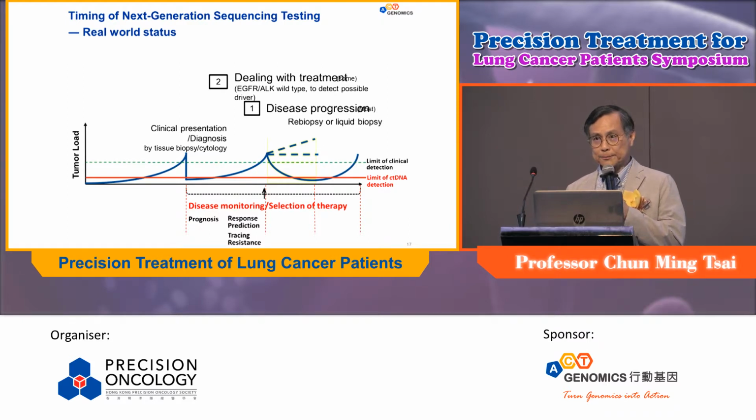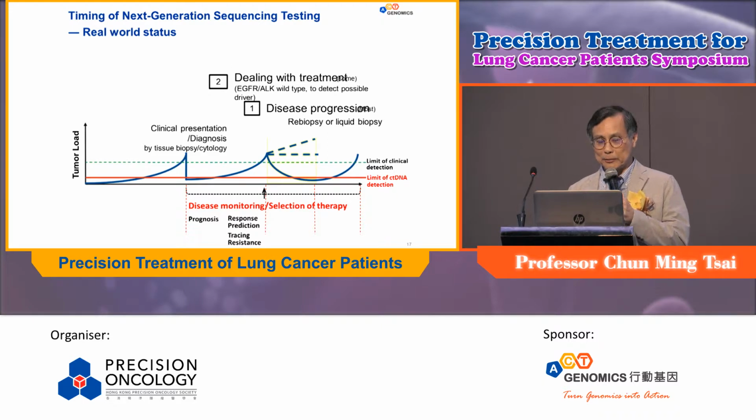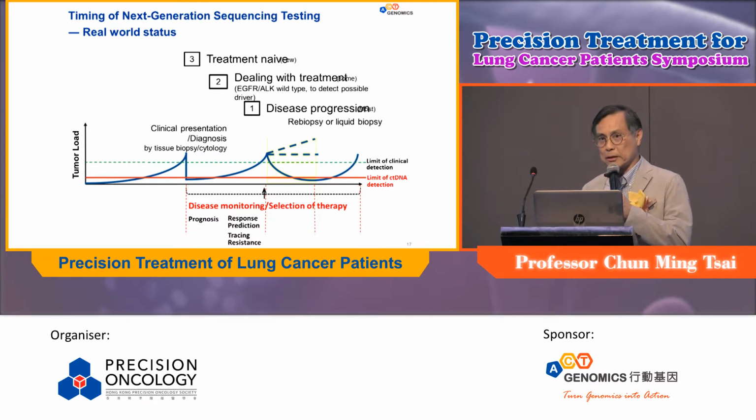But sometimes the patient is young, female, a never smoker, and we always make our effort to find out probably some driver gene there. So we also included these patients and suggested they do NGS. And the third group, but few cases, is treatment-naive patients, where at diagnosis we try to suggest that the patient receive this kind of examination.